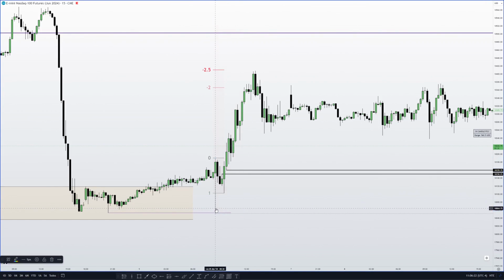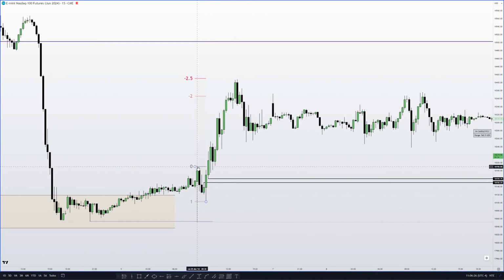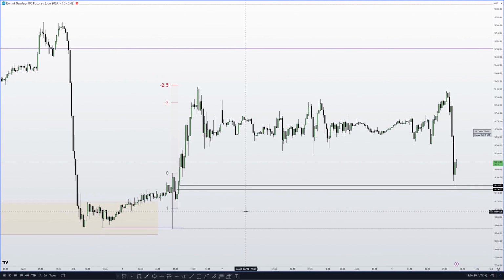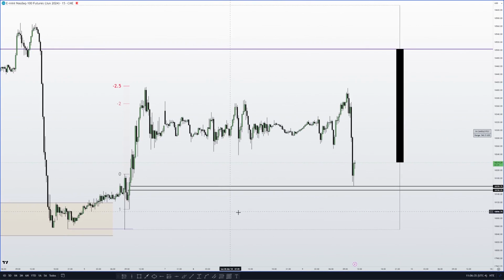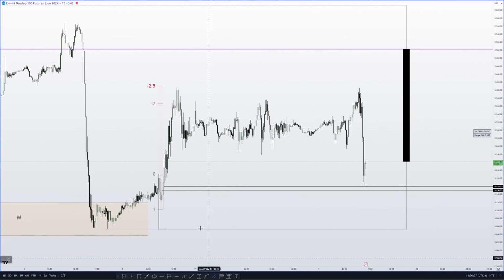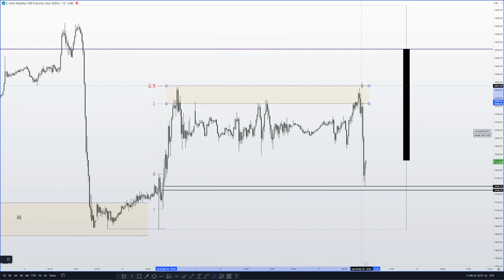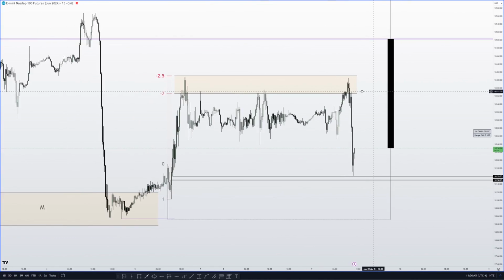So for this week, or for these initial moves, you take this overlapping range with the higher time frame idea in your mind. So here it's in the 2.5 deviation in this area.